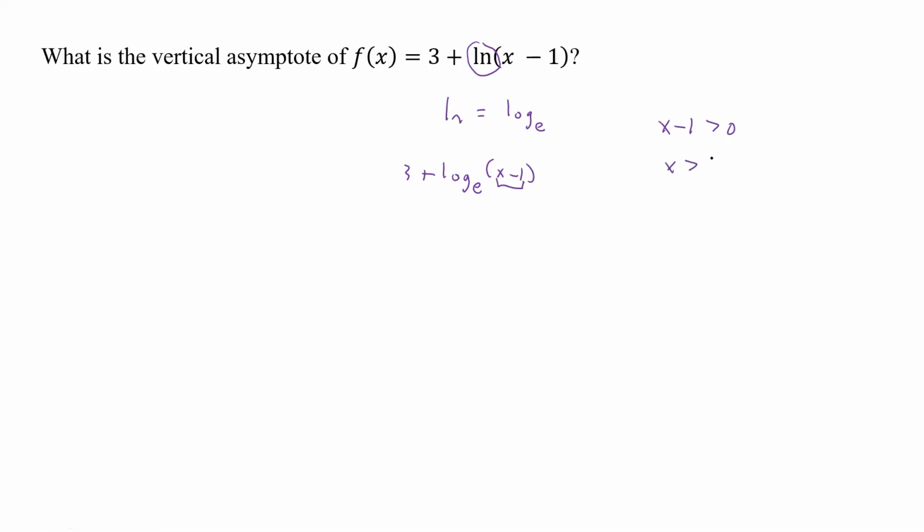So x is greater than 1, and so our asymptote is x equals 1. It doesn't matter if we have log base b or ln, because we can take ln, convert it to log base e, and we get our function.